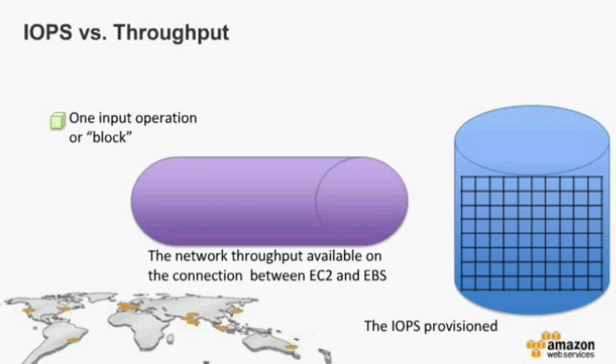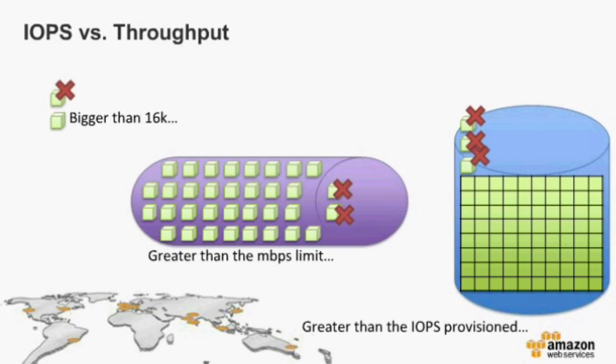And you can imagine that each of these are potentially constrained. So if you have some individual IOs from the application to the storage system that are much bigger than your block size, those will be multiple IOs to storage rather than a single IO, and you have to keep track of that. You also have the maximum network throughput between EC2 and EBS.